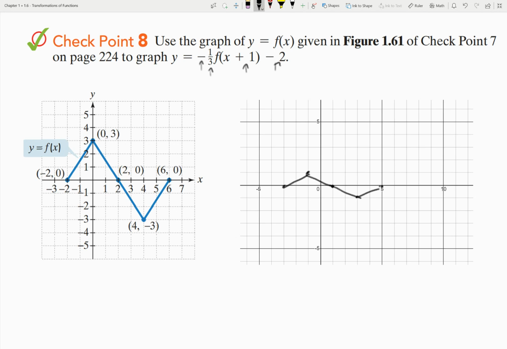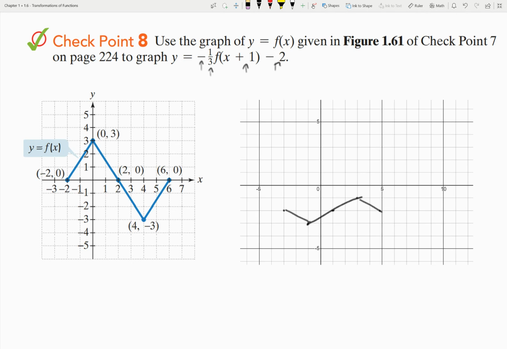I'm going to reflect it. Okay, so these are old. And now my final shift is to move it down 2. And we get my final graph. Looks like that. Okay. And there is my shift.